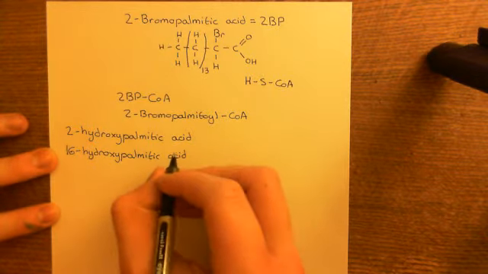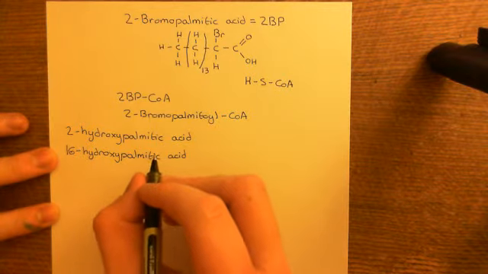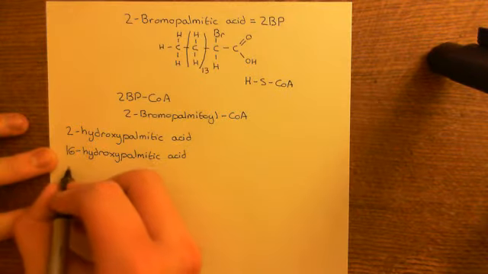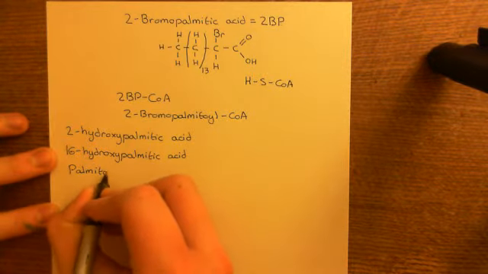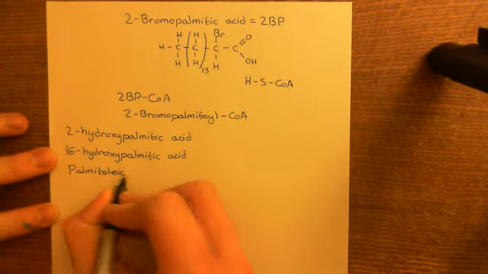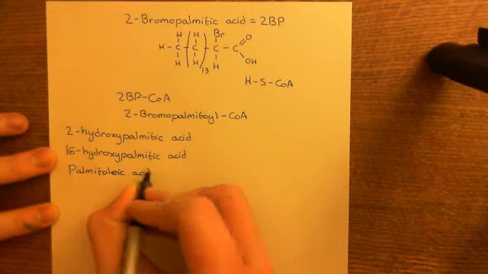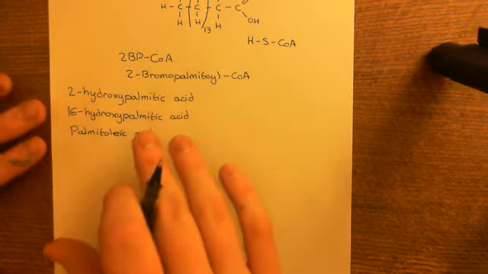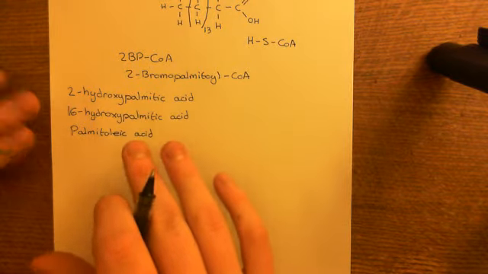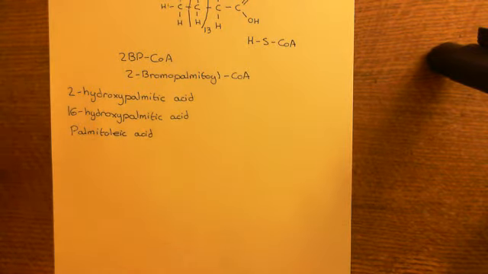Another important example is palmitoleic acid. This doesn't inhibit palmitoylation either. Okay, and we'll see how some of these not inhibiting palmitoylation may swing your opinion on which of the 3 mechanisms is likely to be the mechanism by which 2-bromo-palmitic acid works.